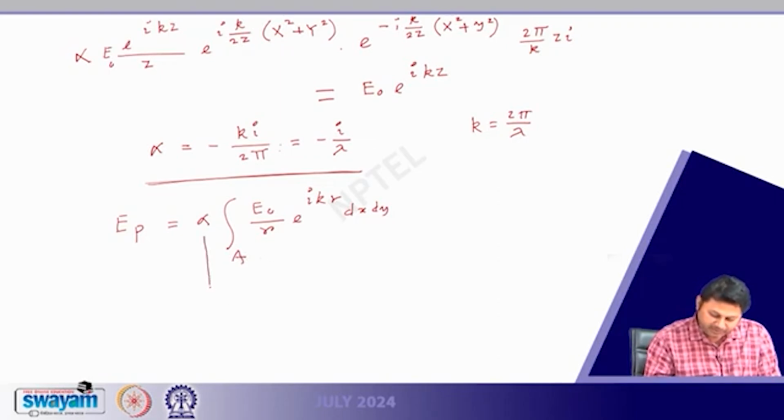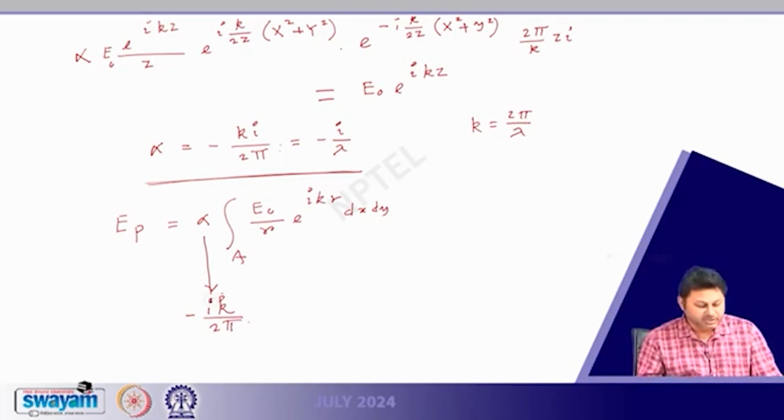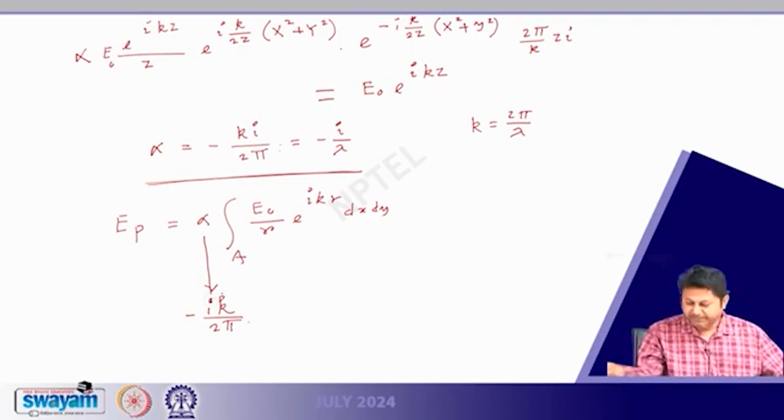And after doing a bit lengthy calculation, we find that this alpha is essentially minus of i k divided by 2 pi. This proportionality constant has this value, and this is the value we have after doing this calculation.